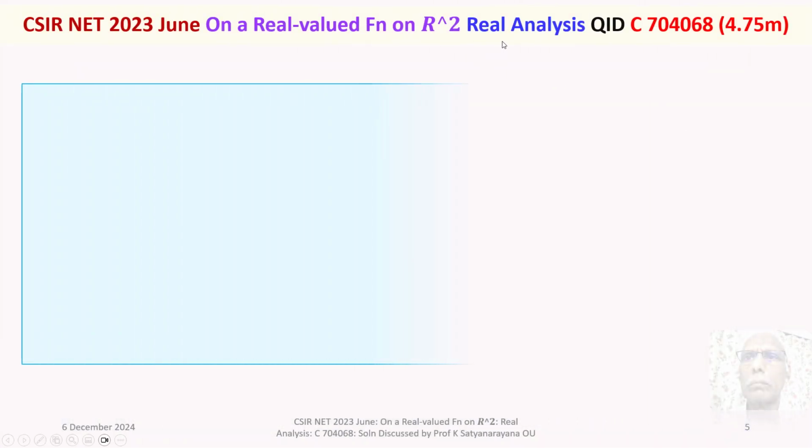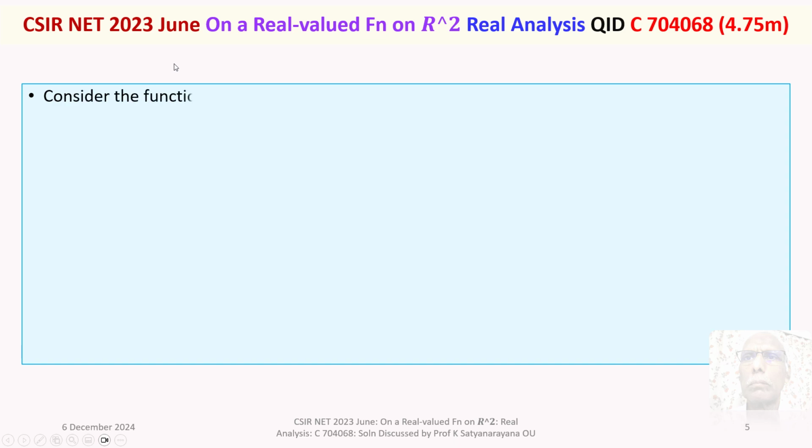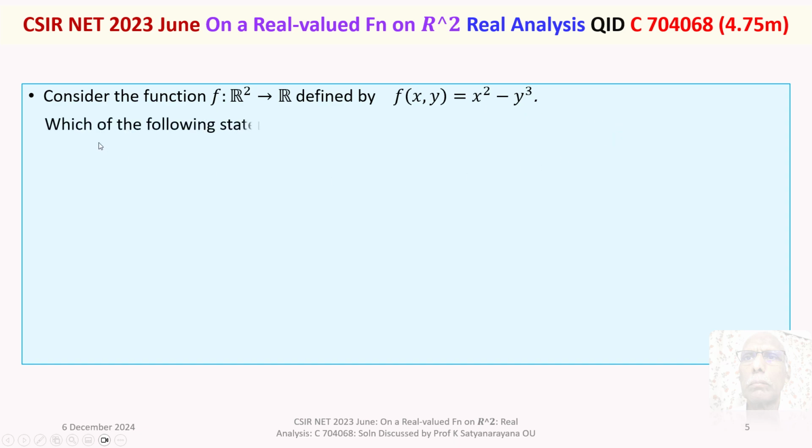The given question is: consider the function f from R square to R, where R is the set of real numbers, defined by f of the ordered pair x comma y is equal to x square minus y cube. Which of the following statements are true?